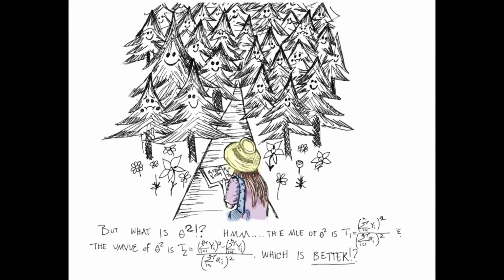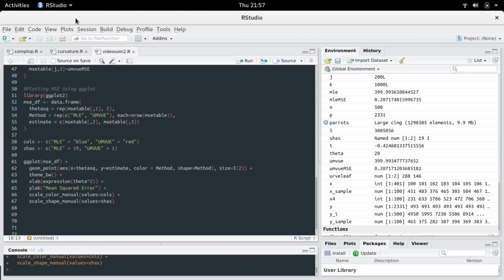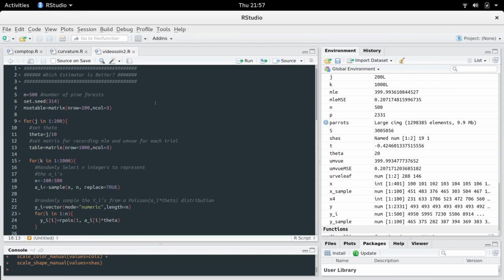Emma didn't know which estimator to use, so she decided she would run a simulation to decide which would be better. Her simulation was as follows. First, she picked a value n for the number of pine forests, and then she would set her seed to be pi, because why wouldn't you pick pi to be your seed?